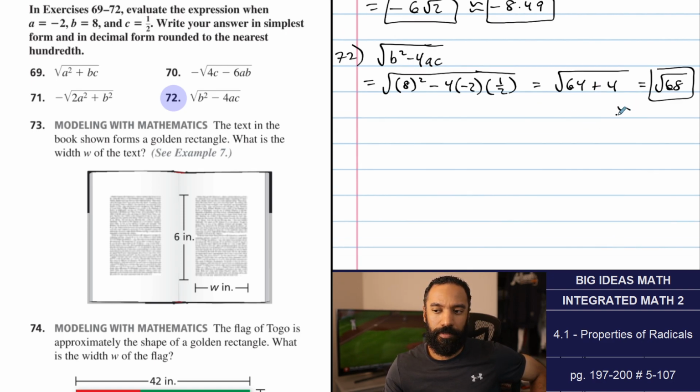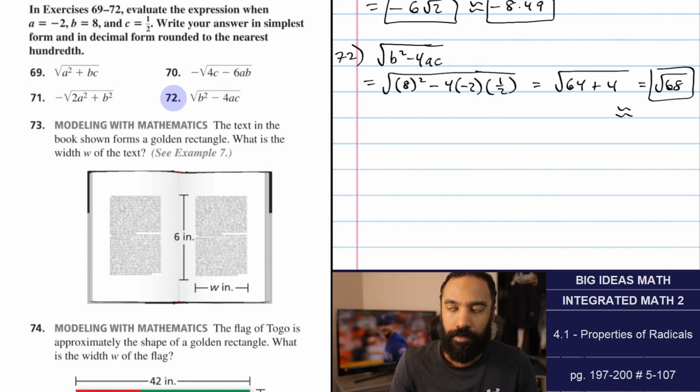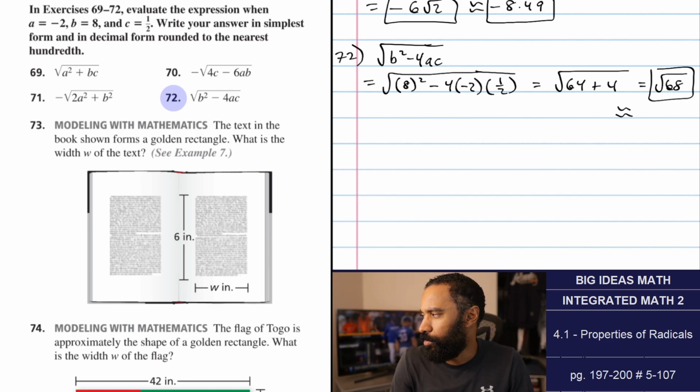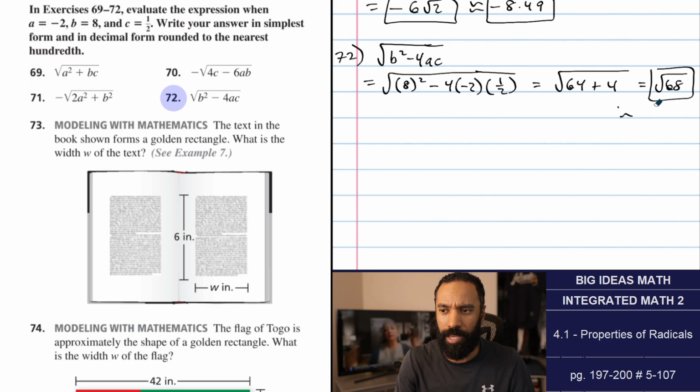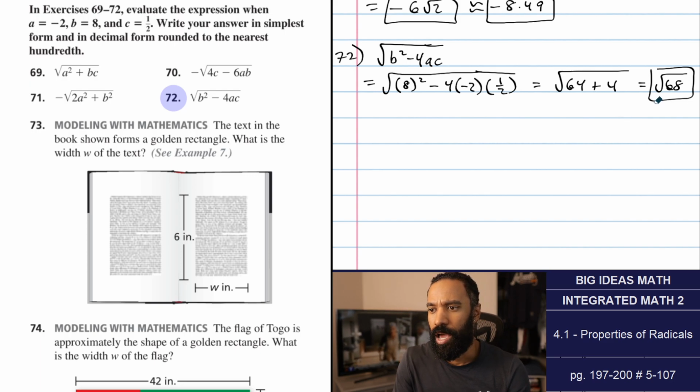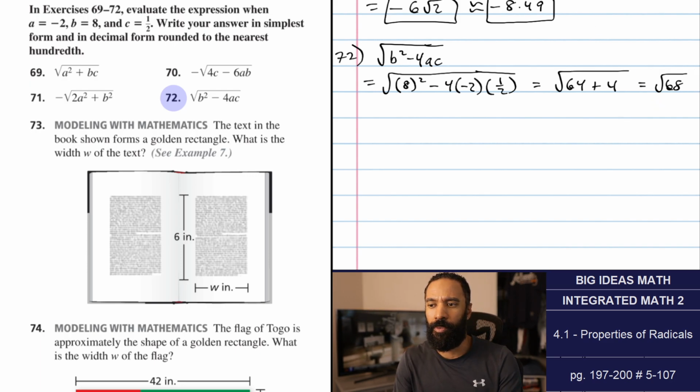Still got to round it. A little more than 8. 8 point something. Square root 68. Oh, wait. 34 times 2. Yeah, I can. I can divide it by 4. I'm sorry. Yeah, you can simplify that. I apologize. I don't know what I was thinking.